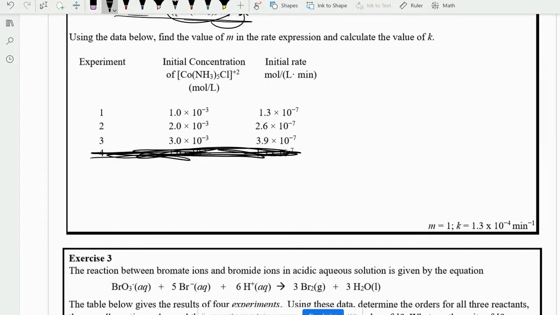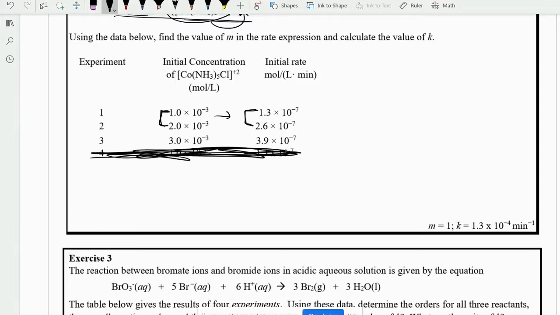Now, if you look at the initial concentration between experiment 1 and experiment 2, I'm kind of bracketing it right here. What do you notice? You notice that the concentration is doubling here. Since we're only dealing with one reactant in this reaction, take a look at how the rate changes.